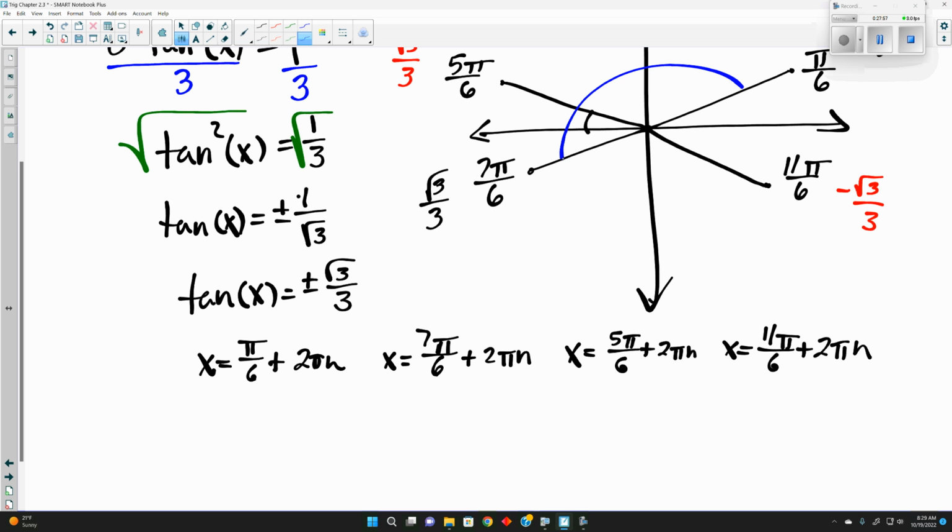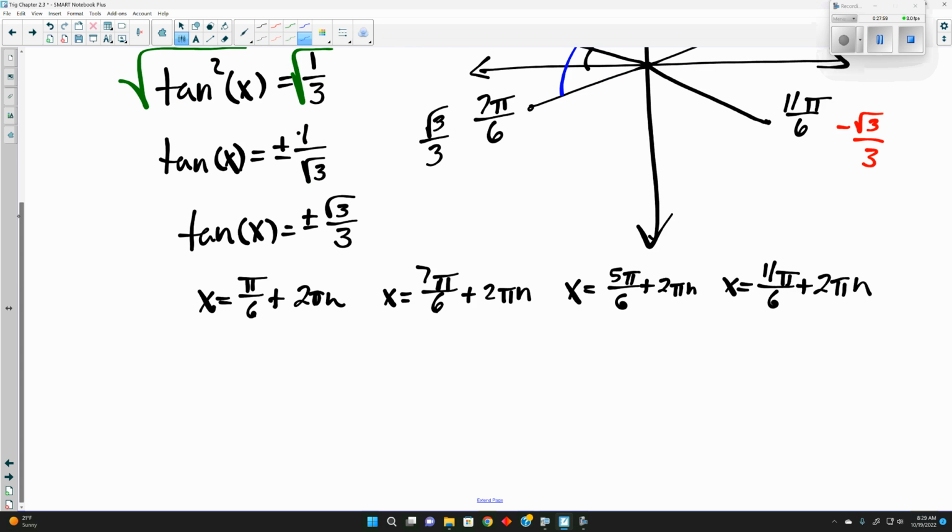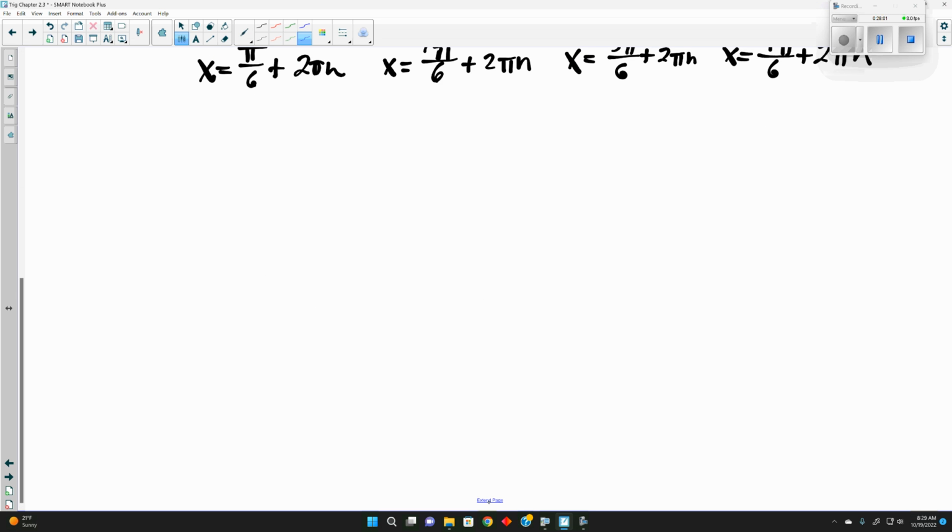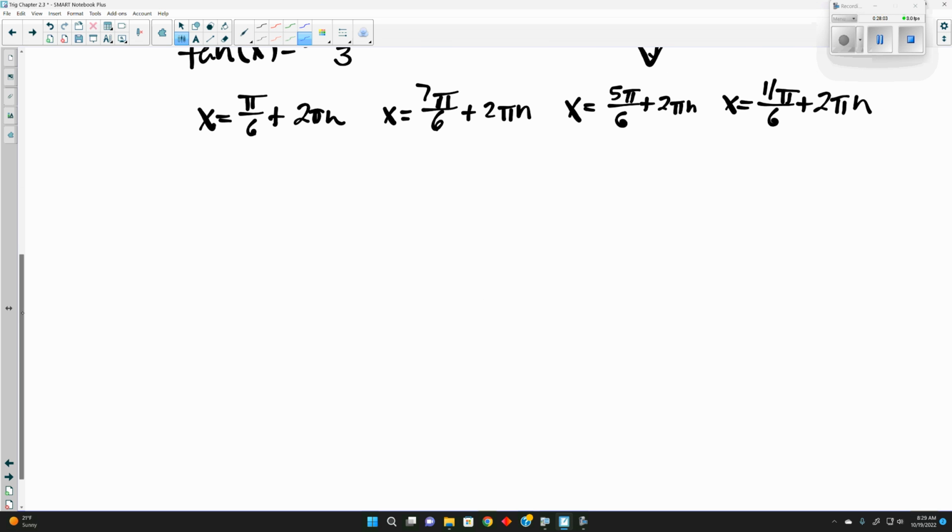And if we have this flip and both of these work, I don't have to write these two statements here. Because if those two angles are 180 degrees apart from each other, we can make this 1. Because I could say pi over 6 plus, how would I change the 2 pi in? It's just pi n.